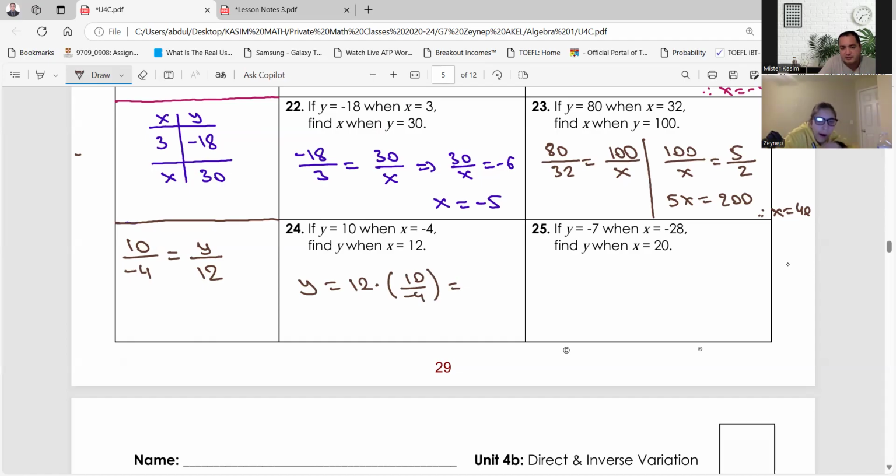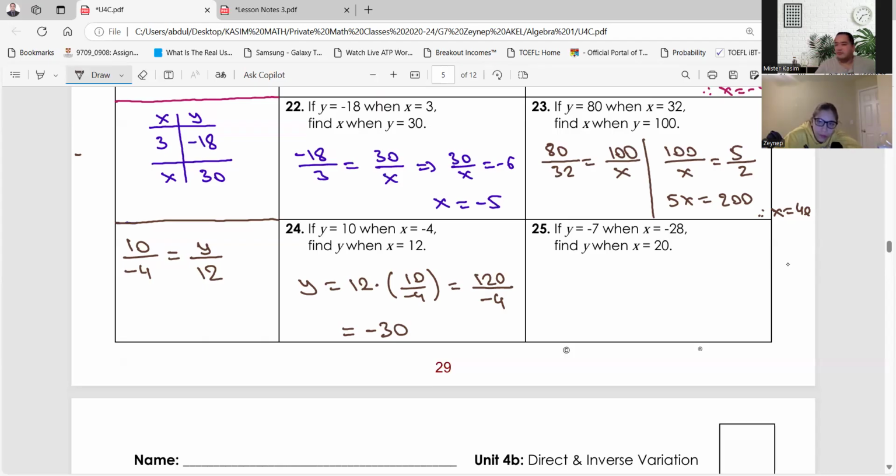What is 12 times 10? It is 120 divided by -4, and that's equal to -30. But you should be fast, Zainab. We practice with it a lot. Just write the ratio, cross multiply, simplify, and solve it. You know how to do that.